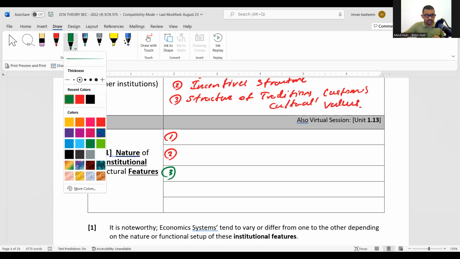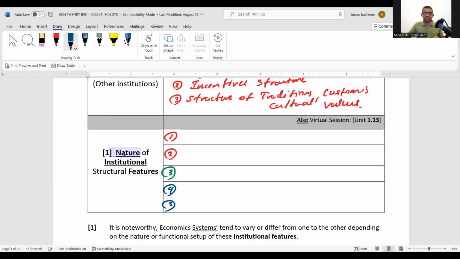And the others, 4 and 5, I'll write in blue. The color separation means that what is in red is the most important. And I'll highlight number 2 because it is the most important thing for your exam.